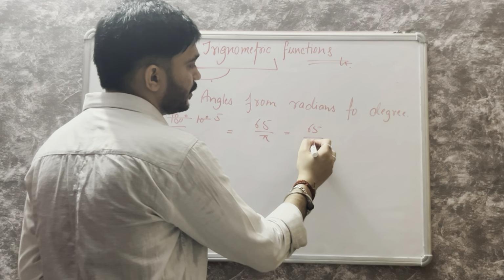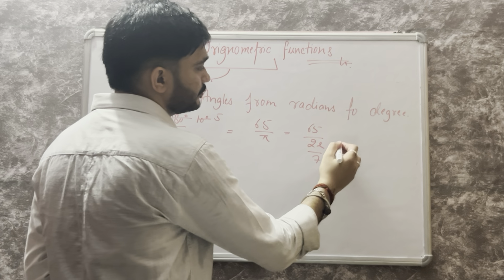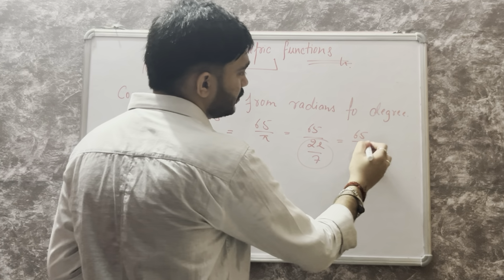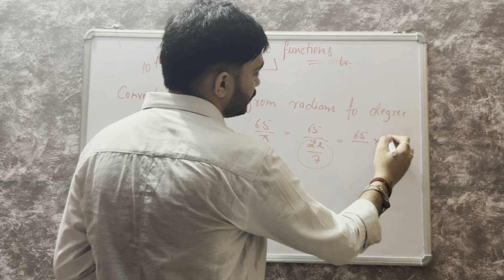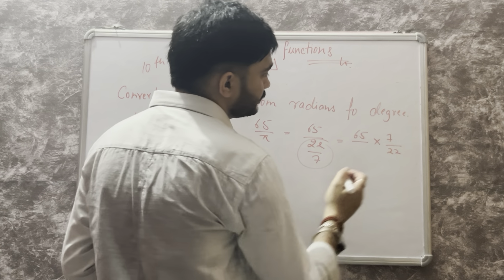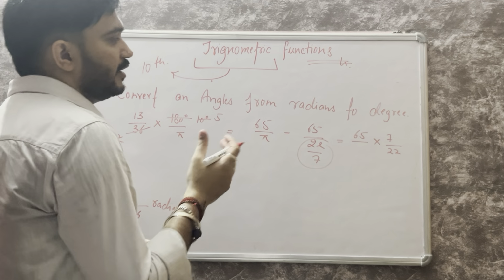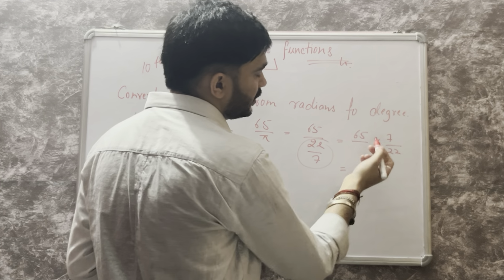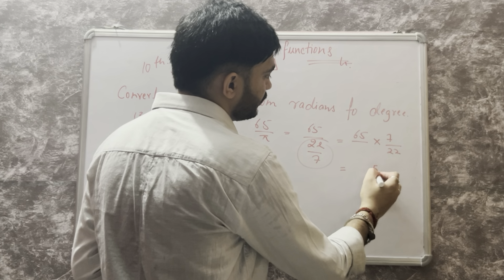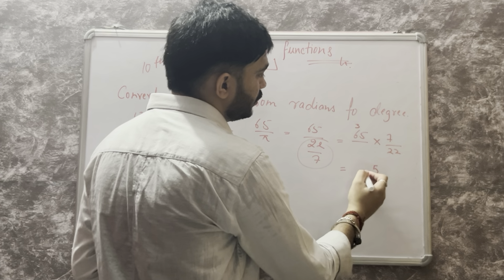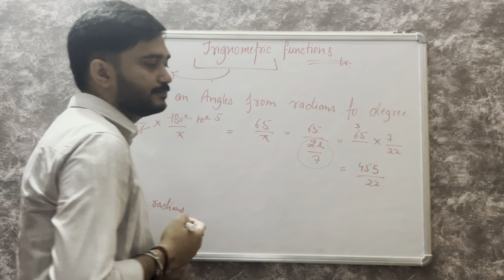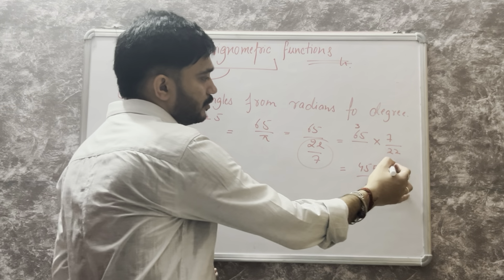Write the value of pi as 22 by 7. Take the reciprocal of the denominator, so we will get 7 by 22. Is it divisible? No, we can't see that. So multiply the numerators, that is 65 into 7, 455 by 22 degrees.